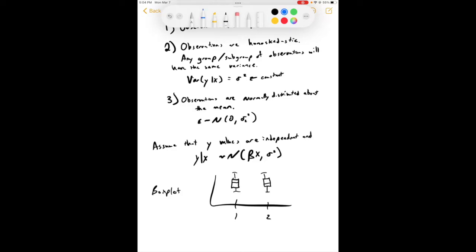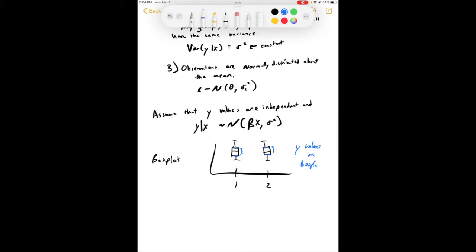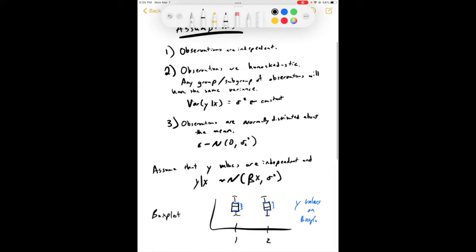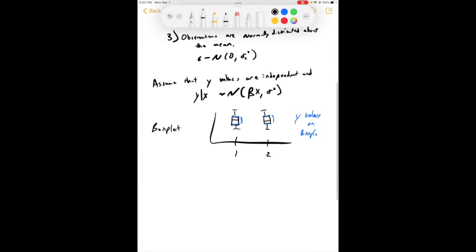What I'd be looking at here, these are my y values on a box plot, and I'd be trying to see if the interquartile range is pretty similar. I would be looking at this distance from this line to this line, comparing it to the distance between this line and this line. That's probably the only thing that I would generally do before actually running the model and then checking the rest of the assumptions on the residuals.